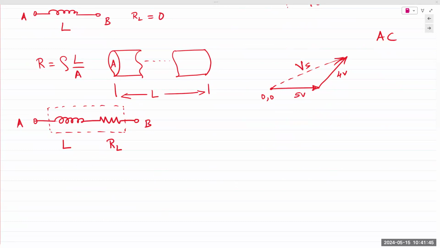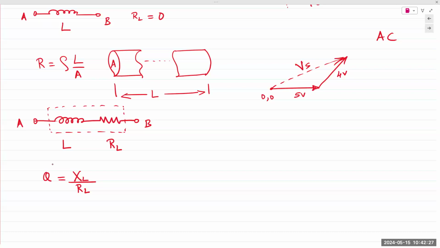And there is a term that we use to describe the quality: Q, for quality. Q is the quality factor of the inductor or capacitor. Mathematically, it's the ratio of the inductor reactance, XL, to the series resistance, RL.